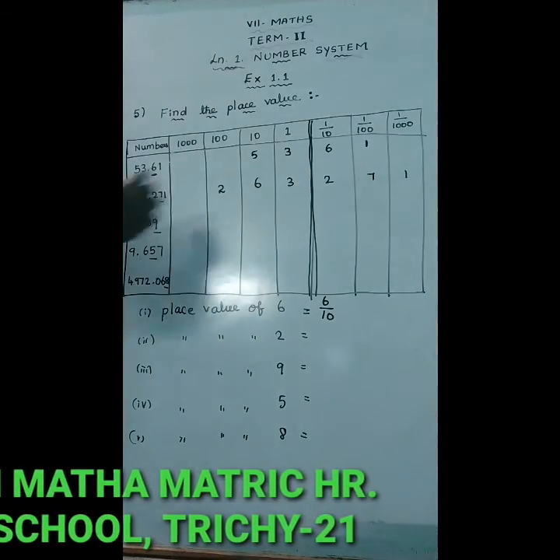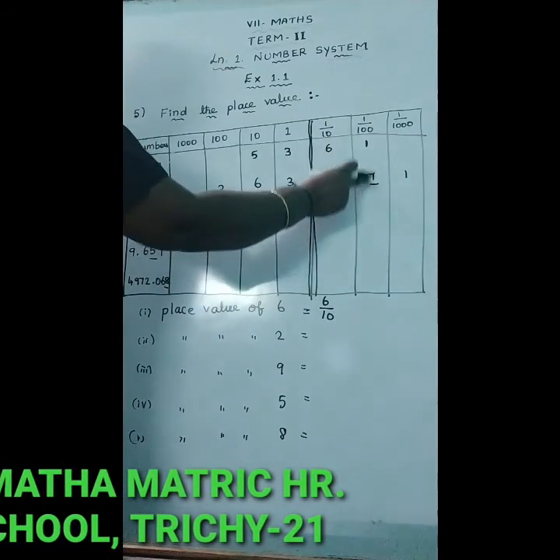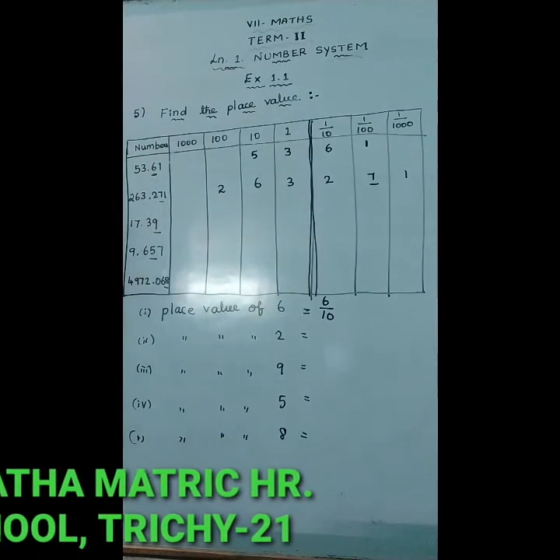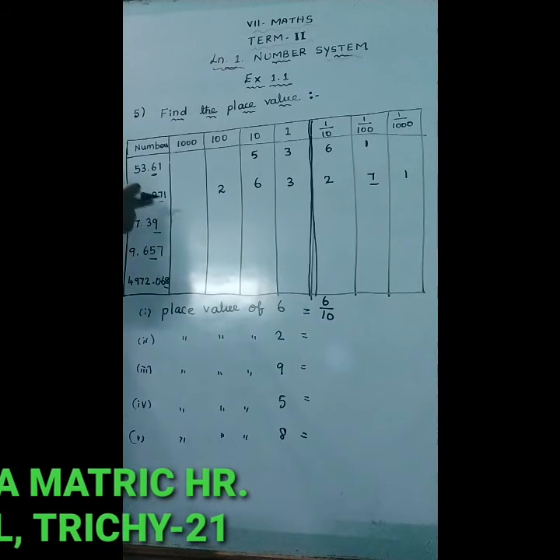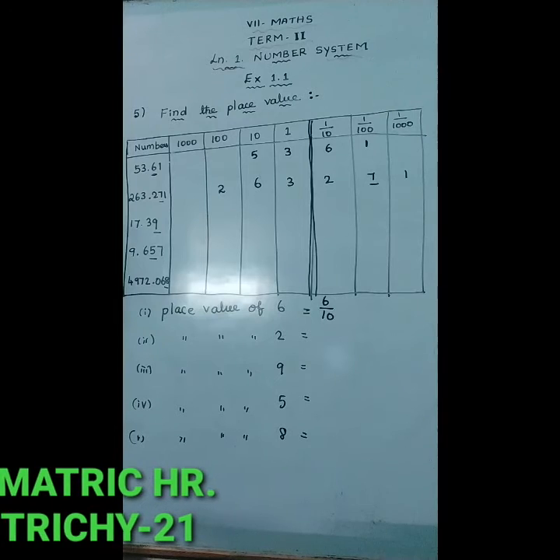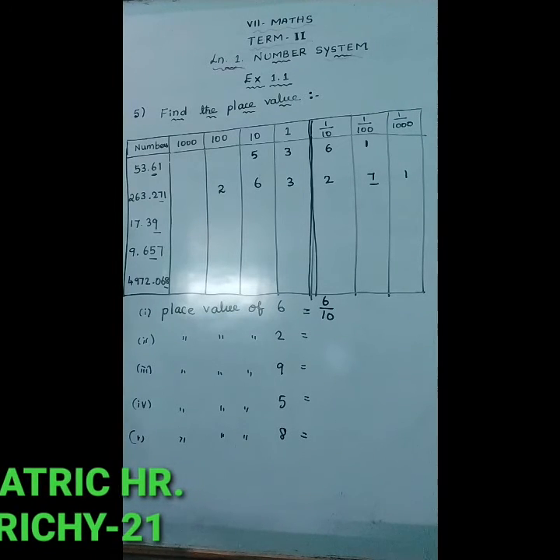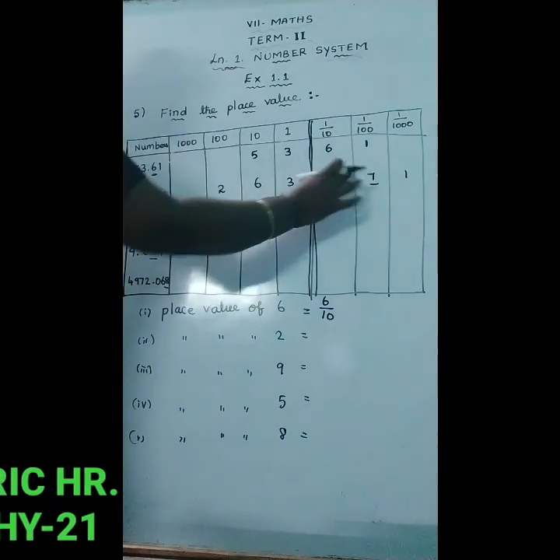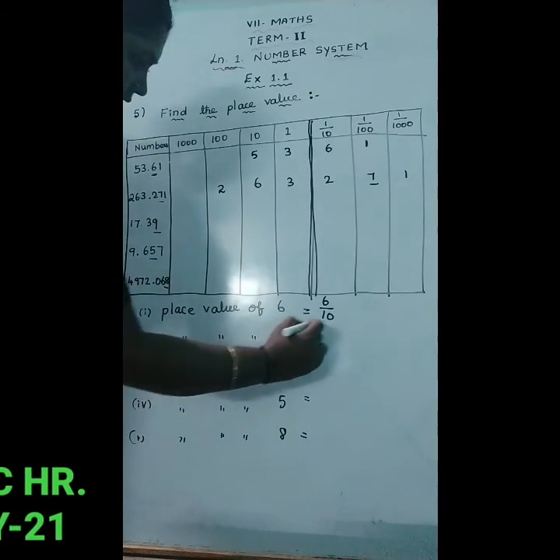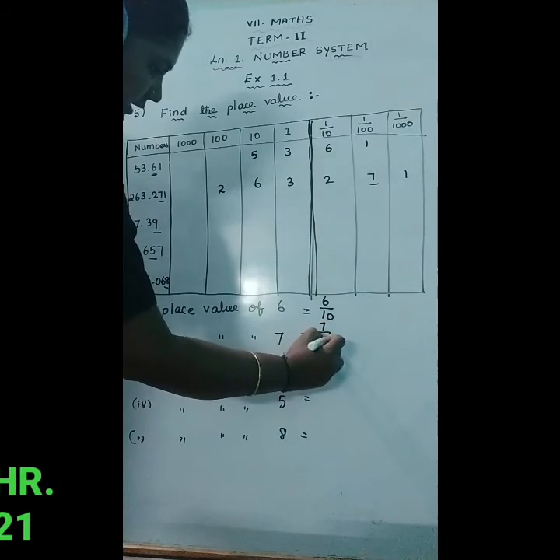The underlined digit is 7, which is in the hundredths place. So the place value of 7 is 7 divided by 100.